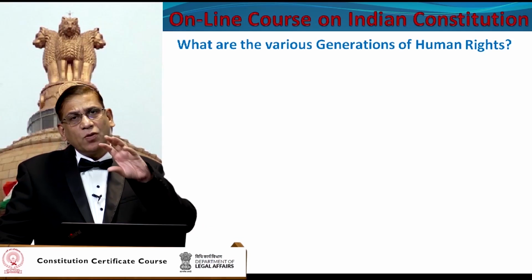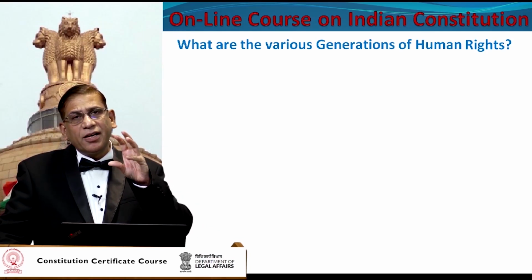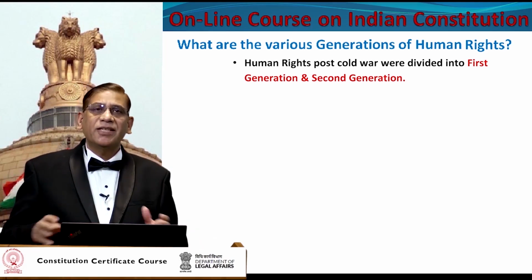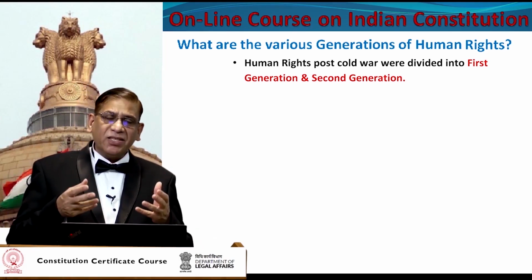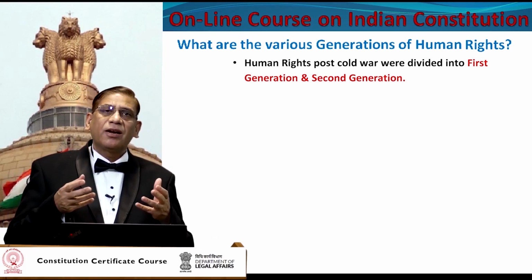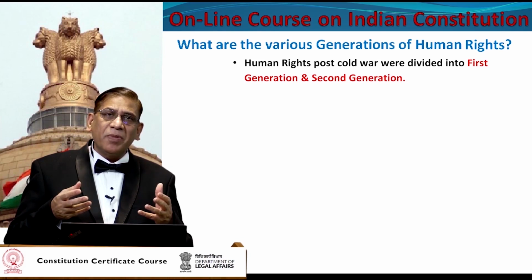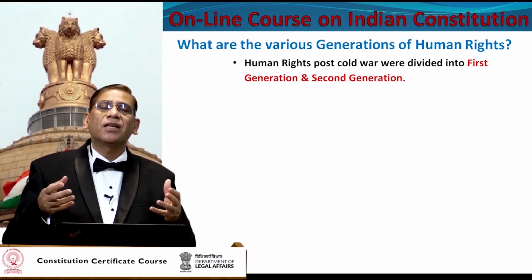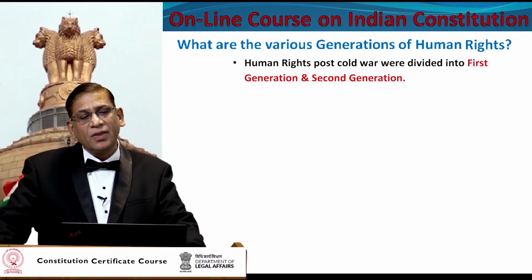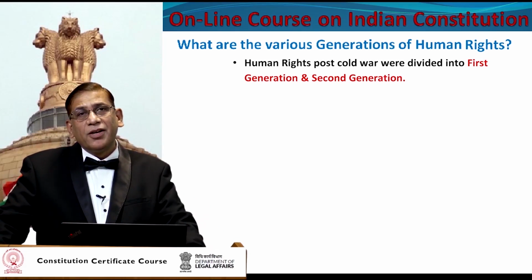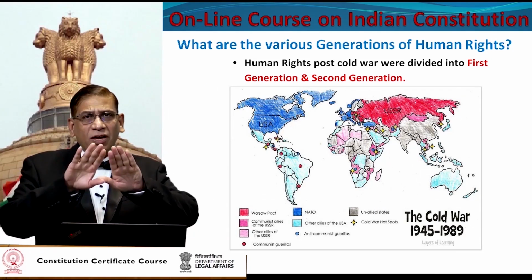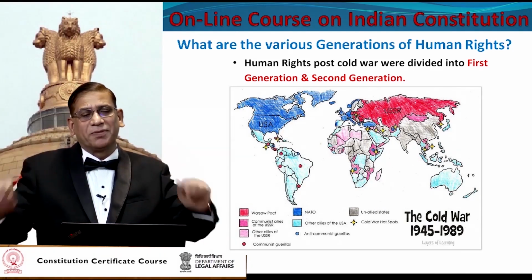Let us first try to understand a little bit of the theory of human rights. Human rights, as you know, are the basic natural rights which every human being is entitled to by virtue of his birth as a human being. During Cold War, the entire world got divided into two groups.